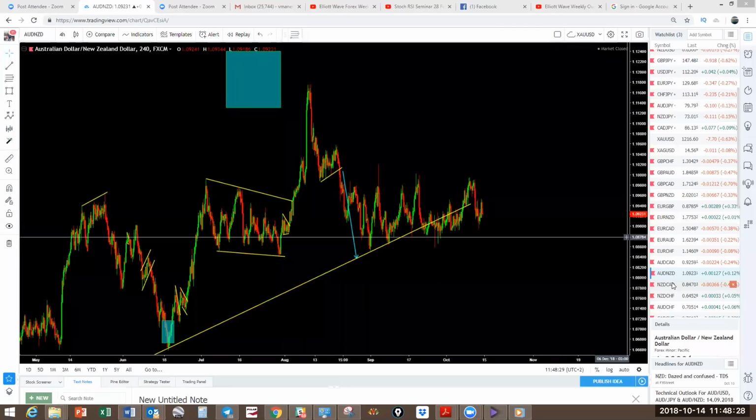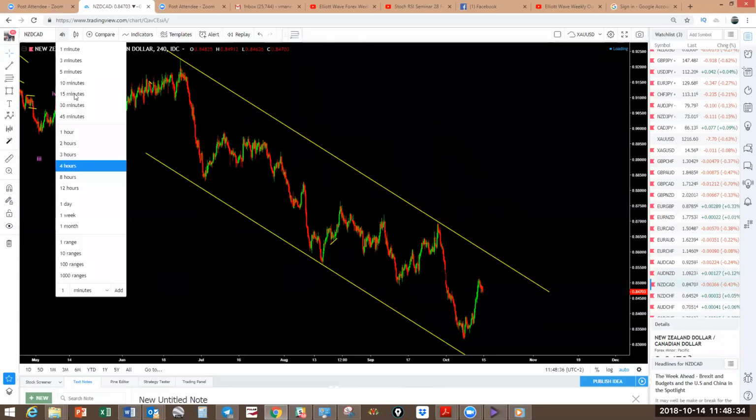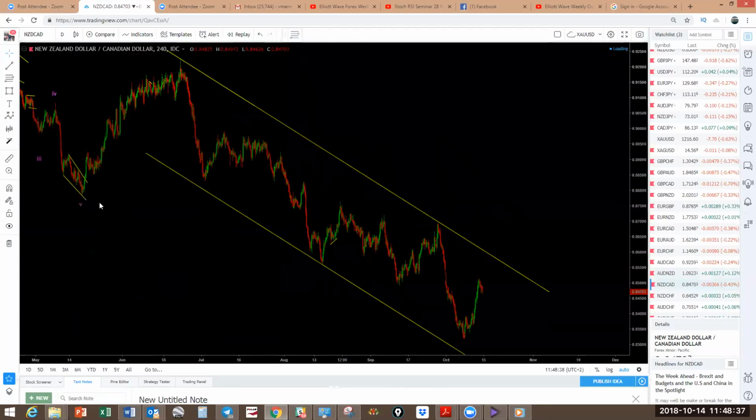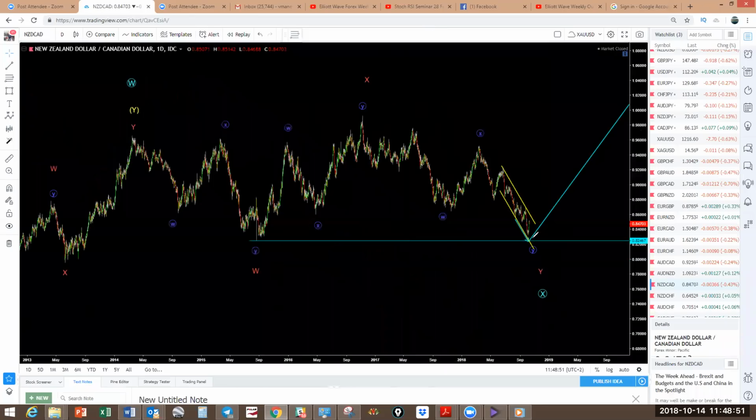New Zealand CAD. New Zealand CAD on the daily has missed the level that I wanted it to reach by a couple of pips. There's still a possibility that it can drop to that level. Just looking at the New Zealand and some CAD pairs. So this one, I wanted it to come to this level.